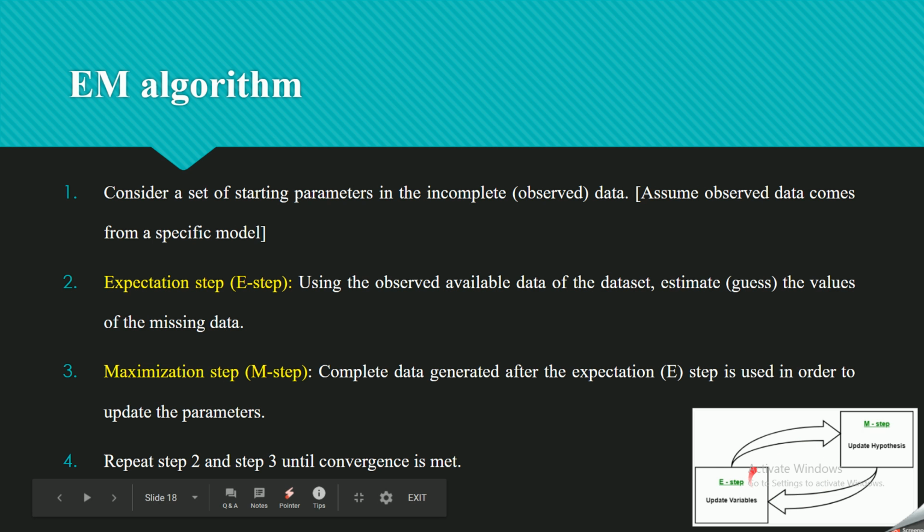Till then, we keep on performing step number 2 and 3. That is, from the observed incomplete data, we perform the guesstimation of the value of the missing data. At the same time, we perform the maximization step after the expectation step to update the parameters. And the algorithm comes to a halt only when convergence is met.